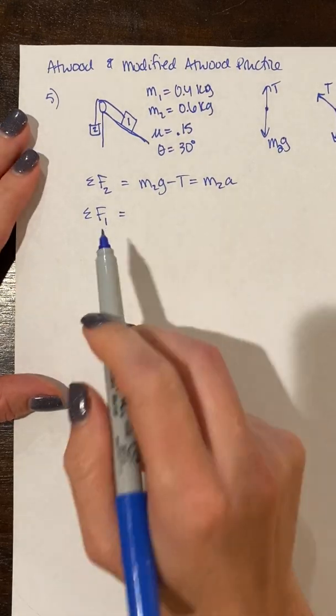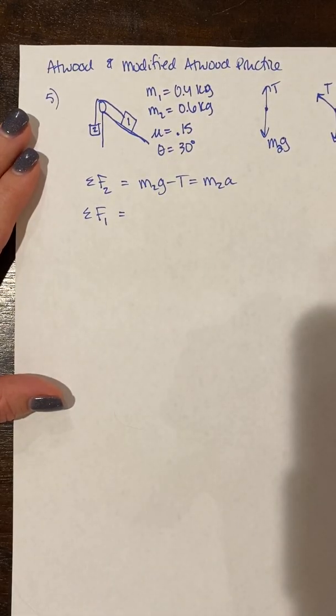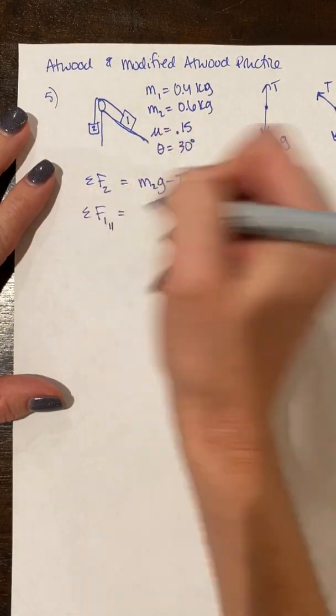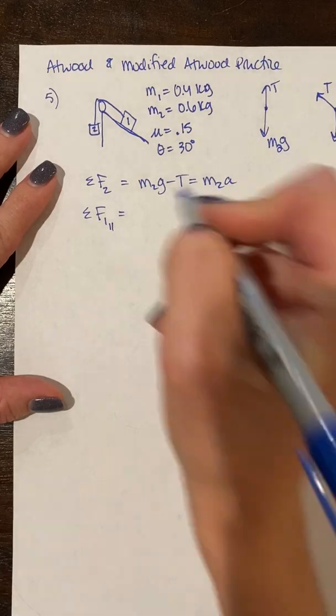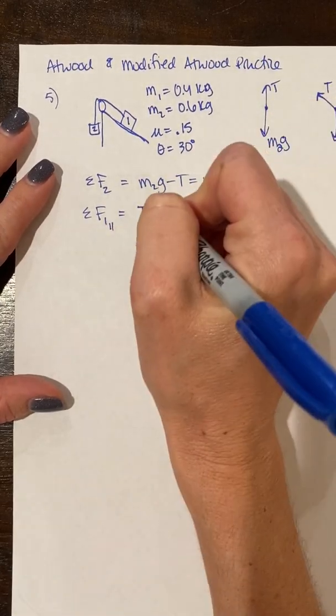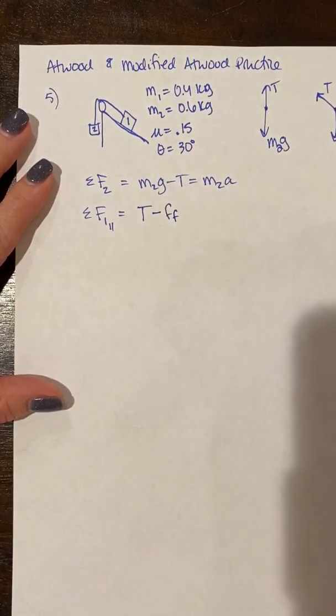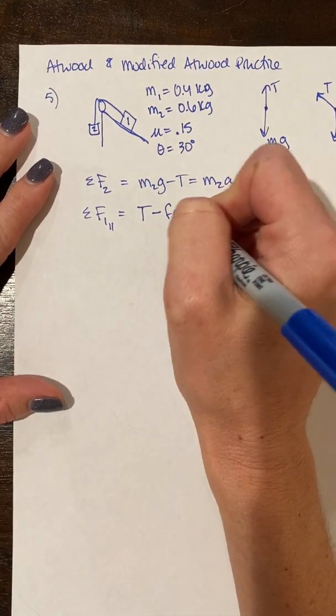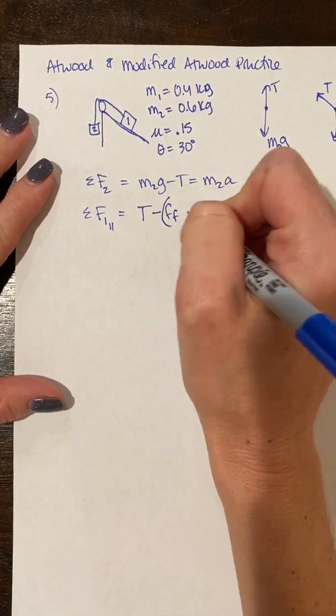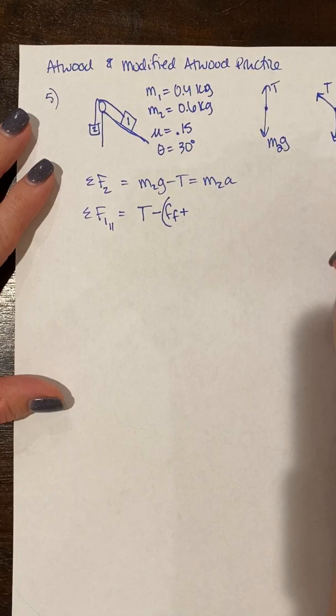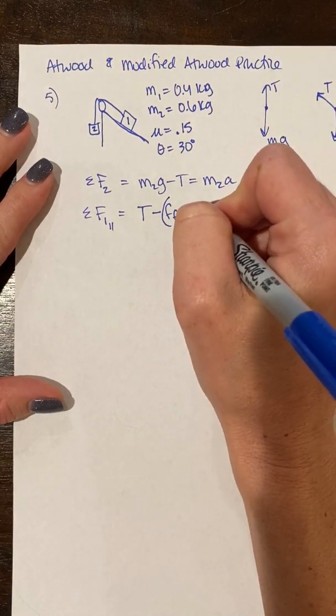writing your equations out. All right, so the sum of my forces for block 1 that are parallel to the plane is going to be tension up the plane, acting opposite of my frictional force, and my sine component of mg.